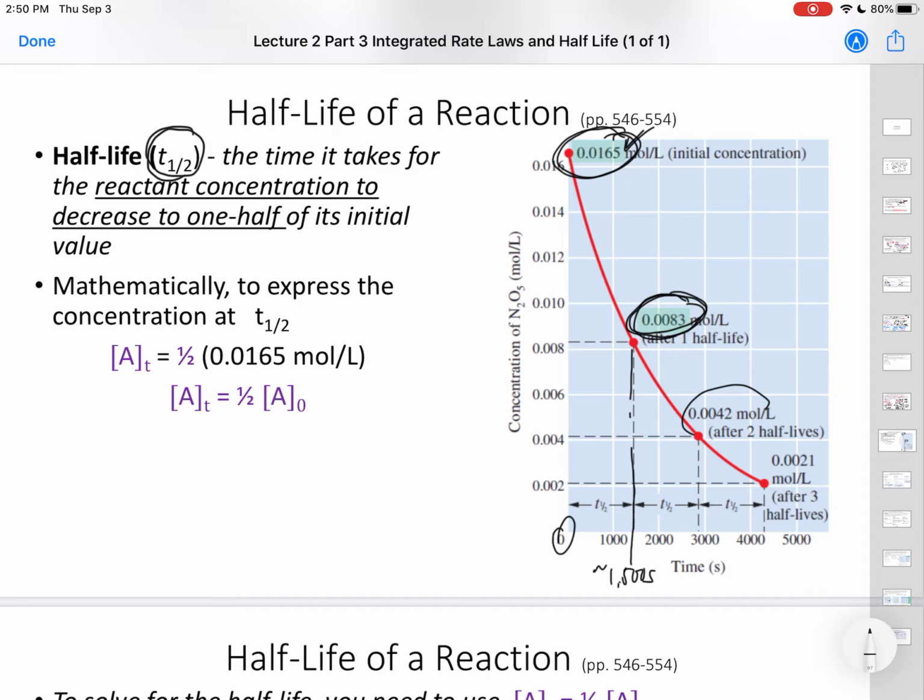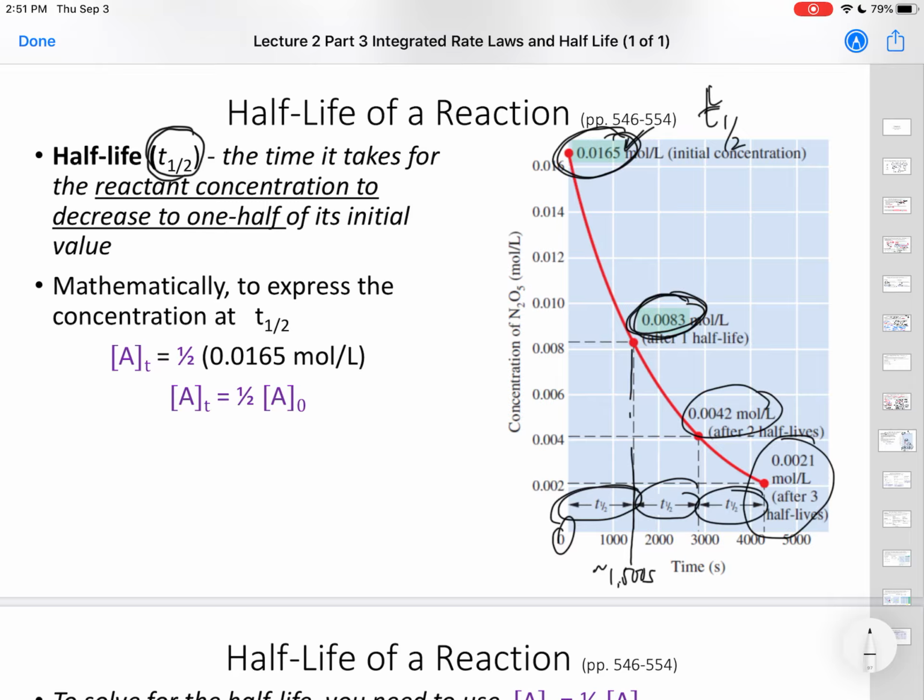If you have two half-lives, it means it's decreased by another half, and this is called 3 half-lives. So t 1/2 is really this time here, then another half-life, and so on and so forth.